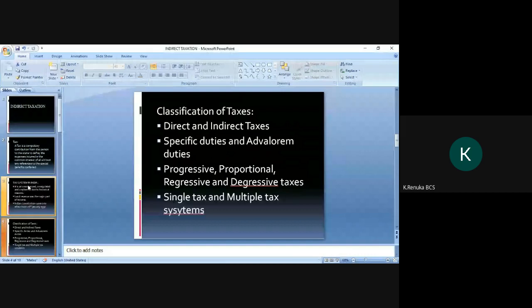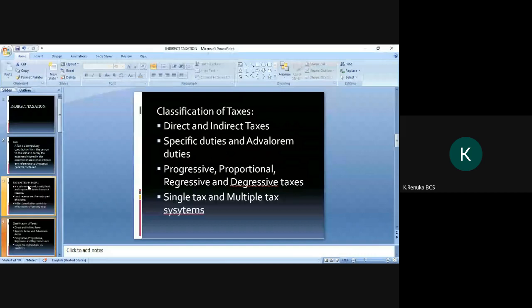When there is a multiple tax, with all the taxes coming under one head, it is a difficult process to identify all those taxes and to calculate the tax rates. So it makes it quite difficult to carry on with that.